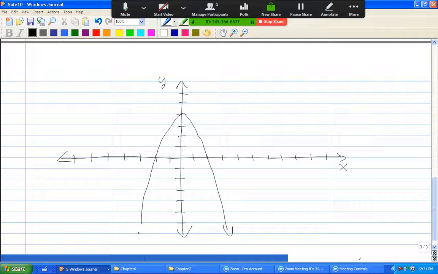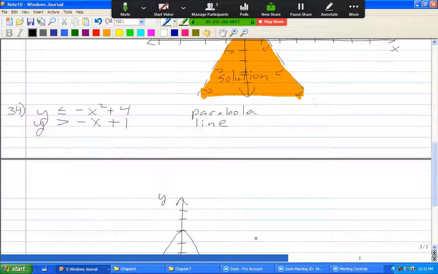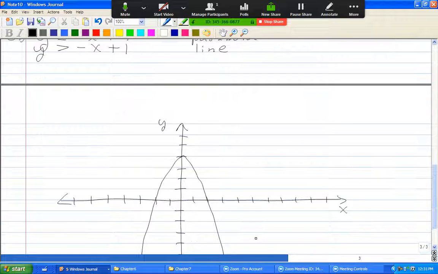Good enough. I shouldn't put arrows since this is a boundary line. And it's true below. So it's true in this region.